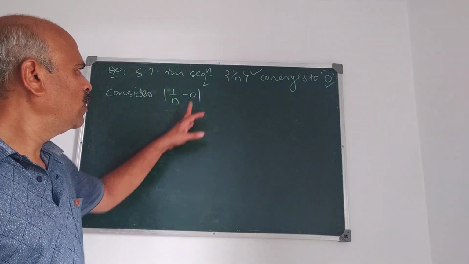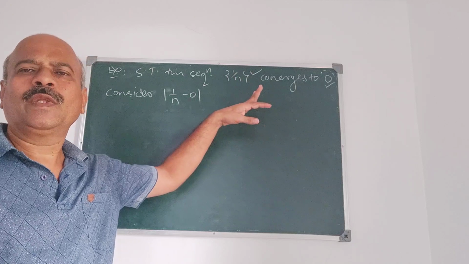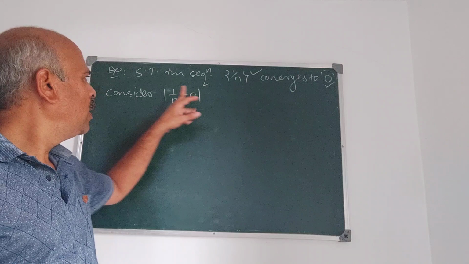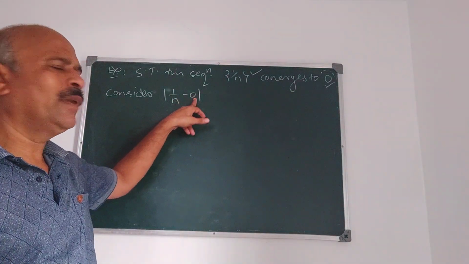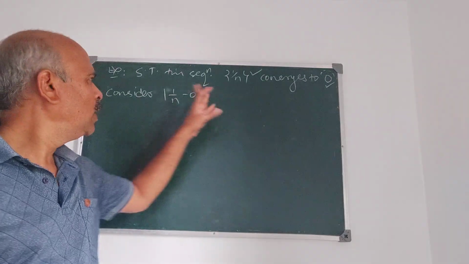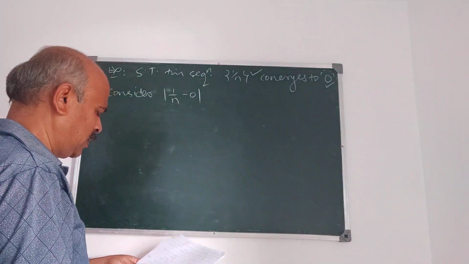Then what do you have to do? We have to verify whether, for epsilon greater than 0, there exists m so that for all n greater than or equal to m, mod 1 upon n minus 0 is less than that epsilon. If it is true, then it converges to 0. So I have taken 1 upon n minus 0.